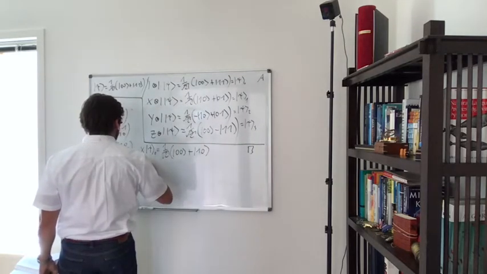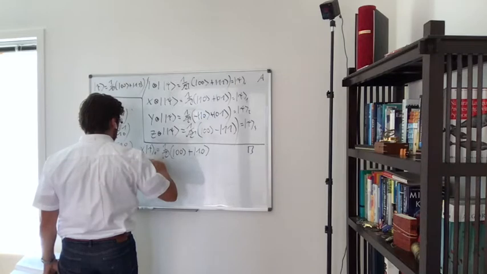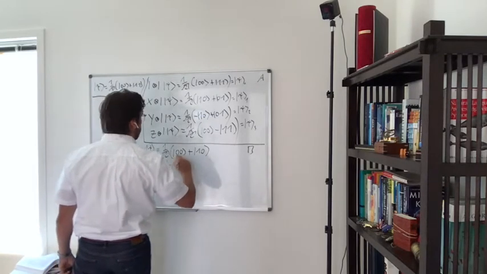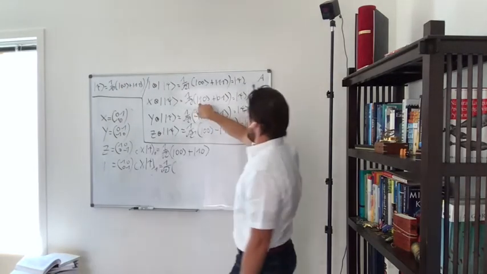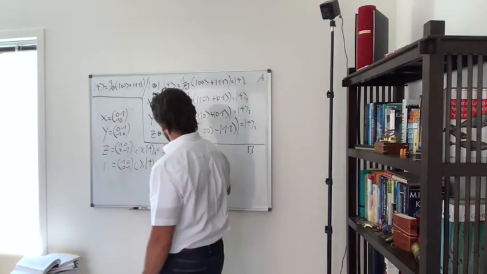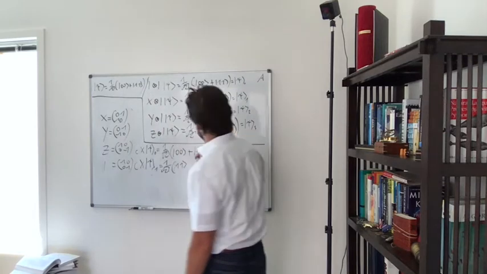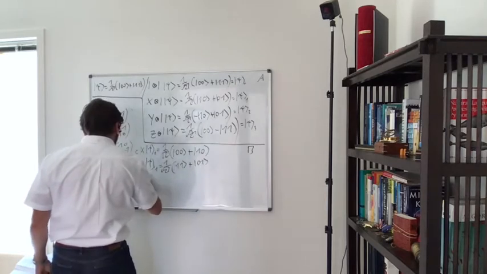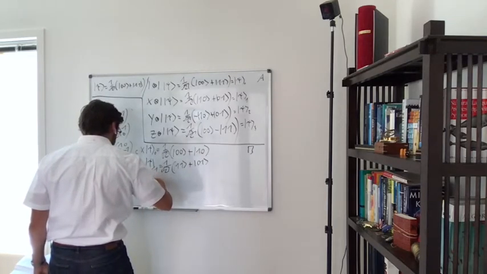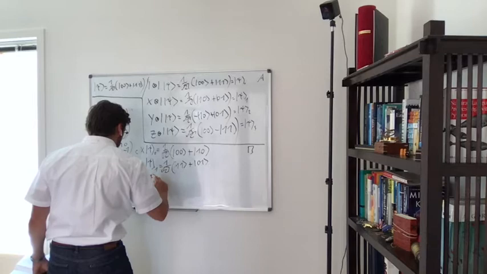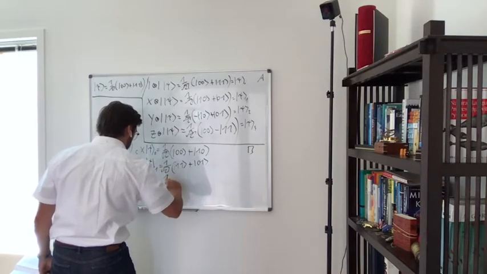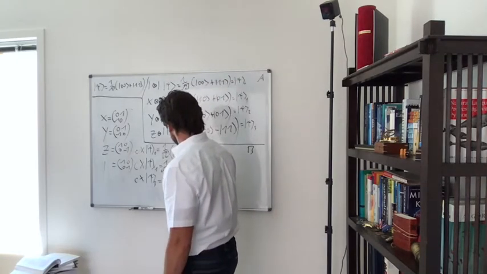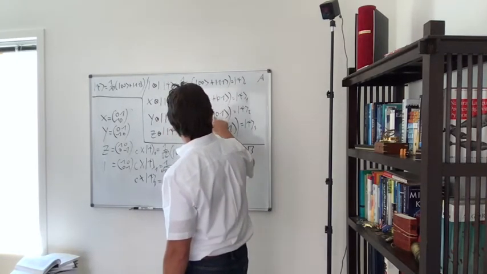For the controlled NOT operation on state psi 1, we see the 1 here, so therefore this becomes 1, 1 plus 0, 1. For the third one, if we apply controlled NOT to psi 2, the result will be minus 1, 1 plus 0, 1.